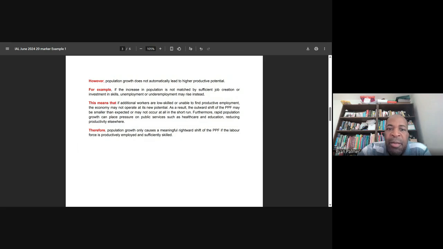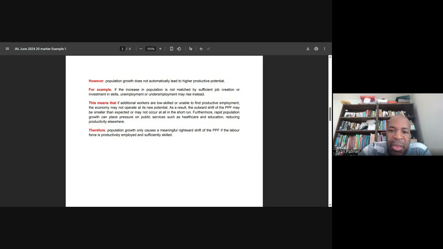So, for example, if the increase in population is not matched by sufficient job creation or investment in skills, unemployment or underemployment may rise instead. So population growth on its own does not lead to an expansion in the PPF.